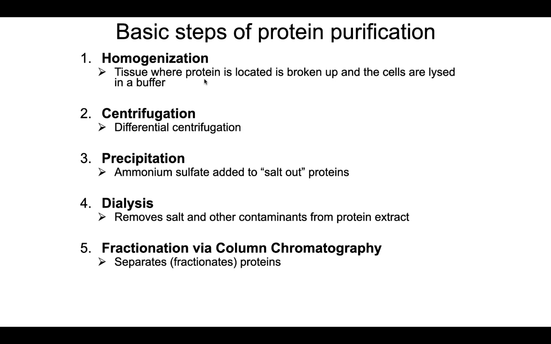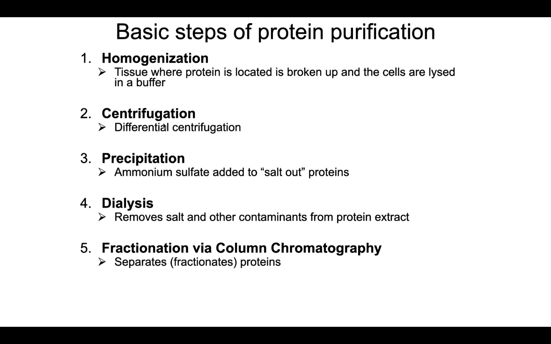This is going to be the least expensive part to do most of the time. It's going to be the highest volume part. You're going to have up to liters of buffer that you're using here. At that point, you're going to take that large volume and put it into a centrifuge, and depending upon the density of your protein will determine where within that centrifuge tube your protein will lie.